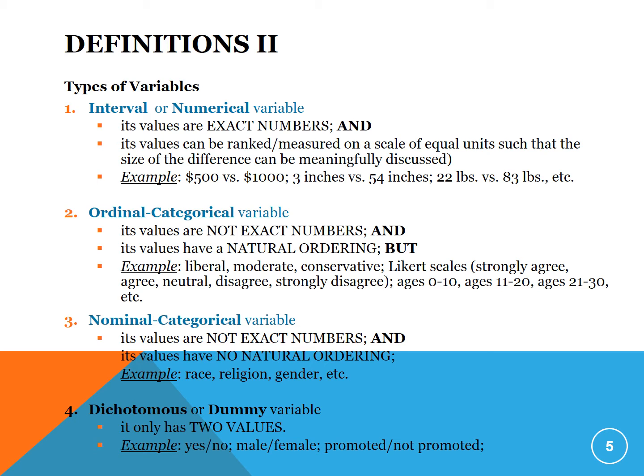And it's only two values. It's only 30-year-olds and 40-year-olds, right? So that is how we determine what type of variable it is. So it can be interval or ordinal or nominal, but it could also be dichotomous in one of those three. Okay? It could never be the first three, all of them. It could never be that.